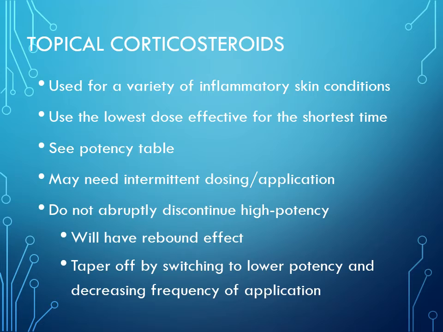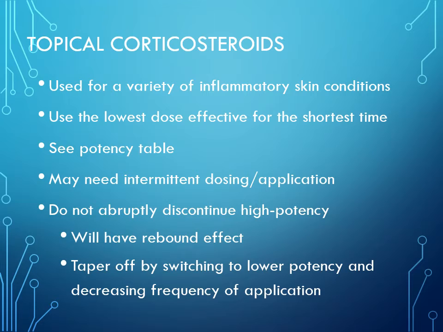Sometimes it's even prudent to use, say, a low potency or intermediate potency with a higher potency. For example, if you're treating something that's chronic, such as atopic dermatitis, there may be times when you can get away with using a lower potency corticosteroid, but at other times when they have a flare-up where they might need a more potent steroid.